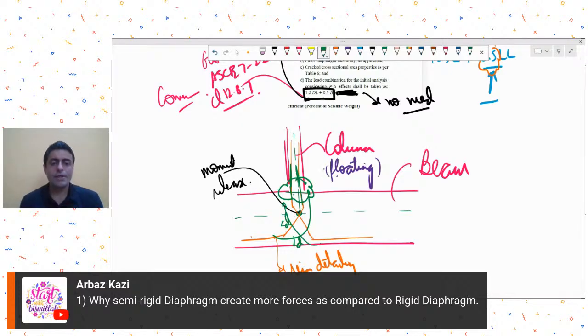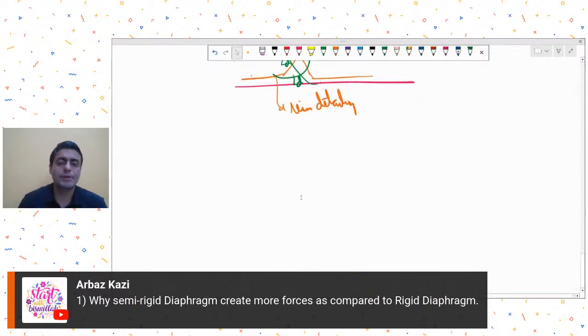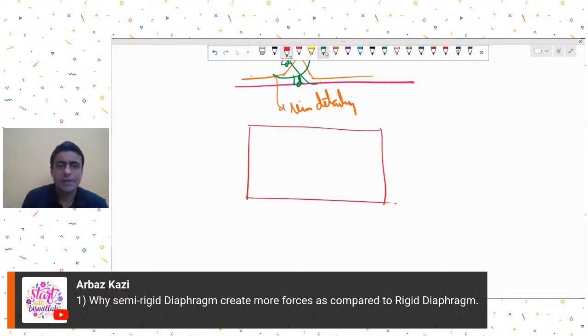Not only out of plane, even in plane will be a problem. So for example, let's say this is a slab in plan view. Okay, and there is an X bracing in this frame. All right. In plan, you will see it like this, but this is an X bracing in elevation. Now, what might happen if you had given it as a rigid diaphragm?